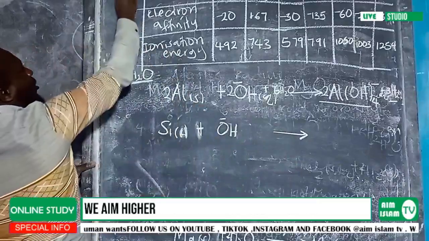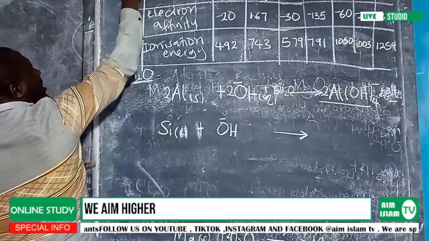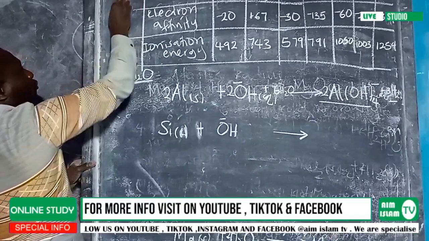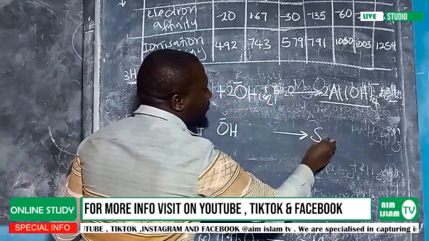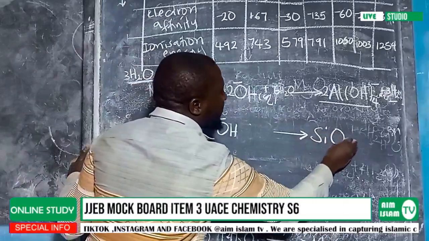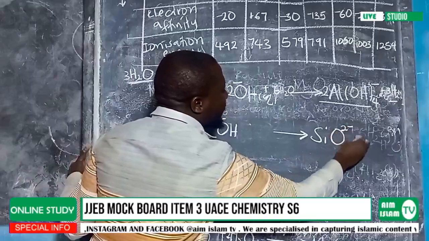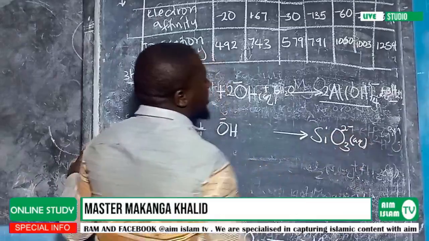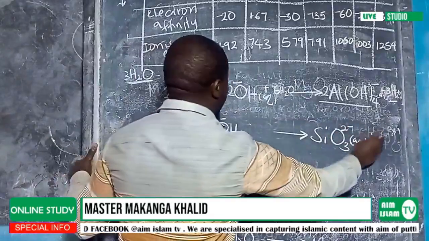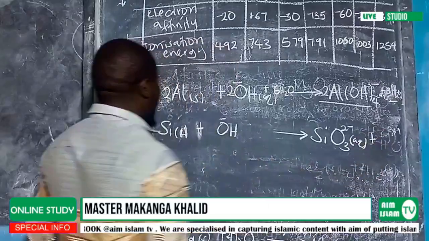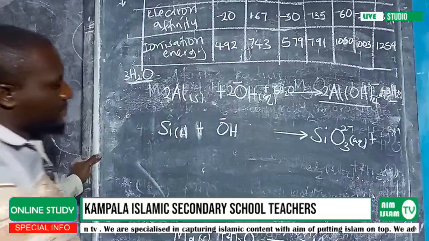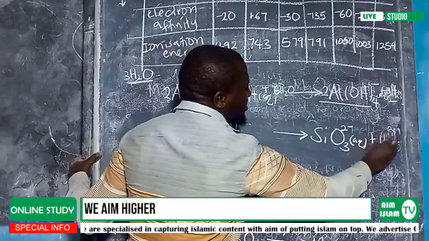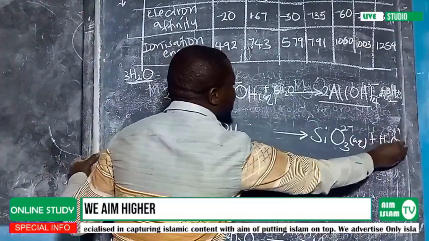It's in group 4, so we shall borrow the carbonate, since they are all in the same group. Instead of carbon, I'll replace it with silicon, forming what we call silicate. You form a silicate plus hydrogen plus water. That's the product that you form.